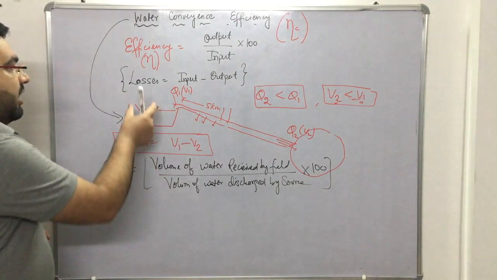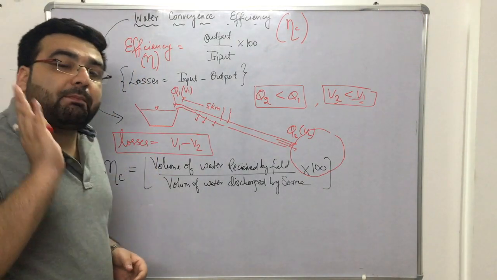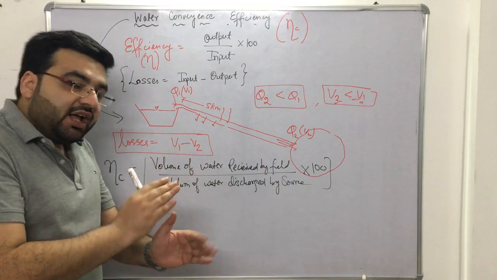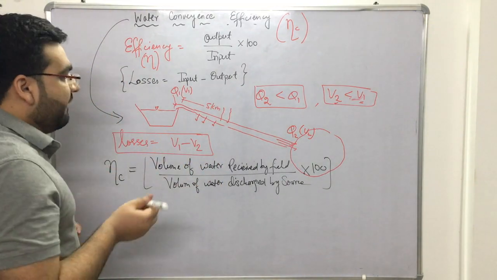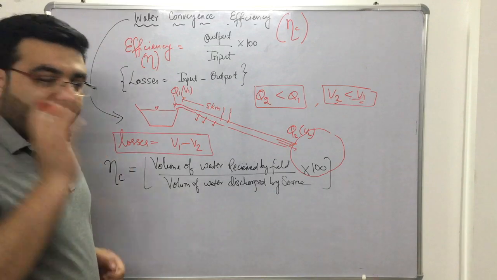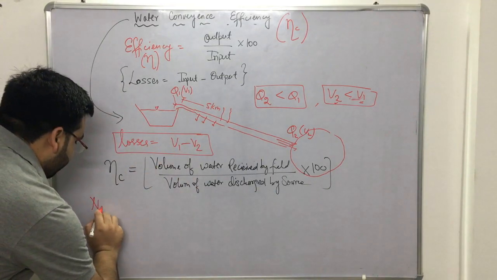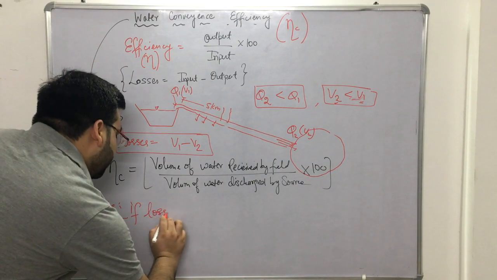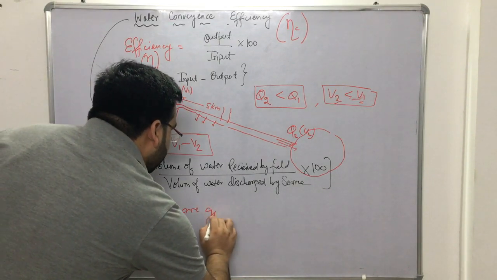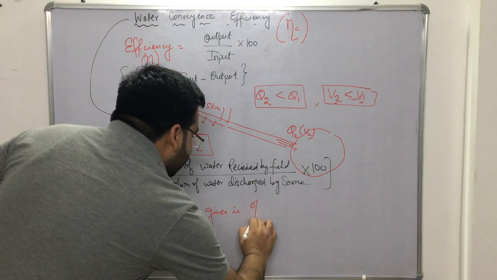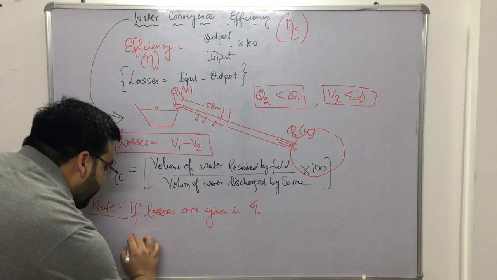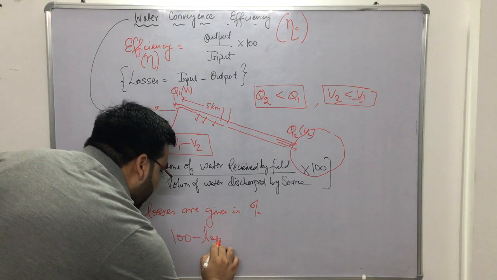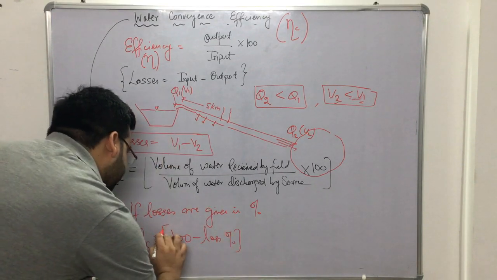So always remember, if losses are given to you in percent, then the water conveyance efficiency will be equal to 100 minus losses. Note: if losses are given in percent, then water conveyance efficiency eta C will be equal to 100 minus loss percent. This is very simple.